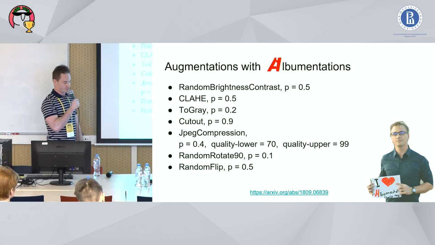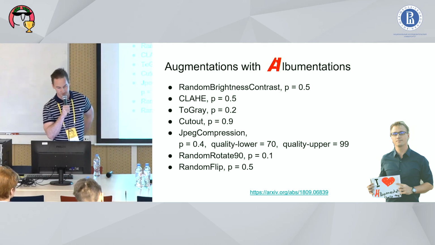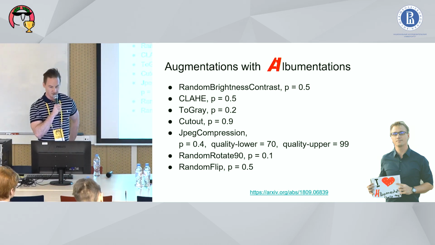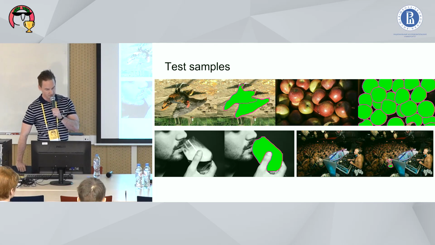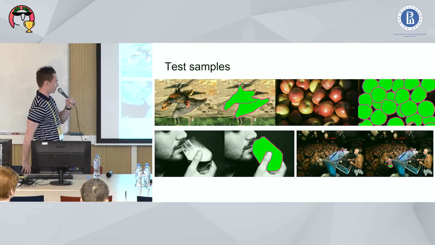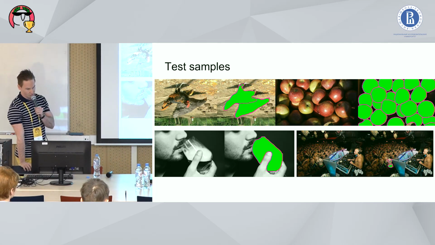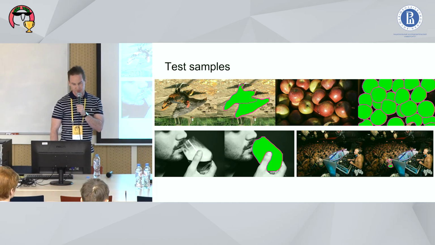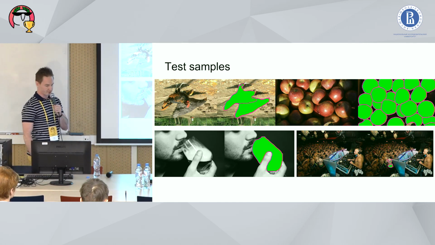It might look very strange to use, for example, random rotate of the images and grayscale augmentation. But if you look carefully at the test samples, they look something like this. So it has upside down rotation. Obviously, some kind of foods and vegetables, it's not sensitive to the orientation at all.